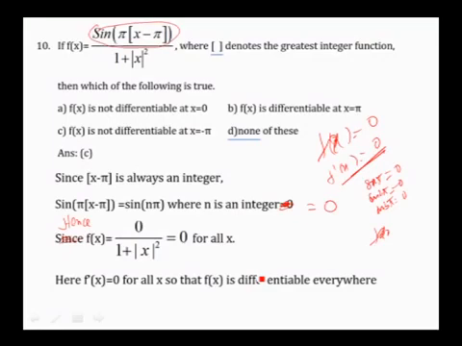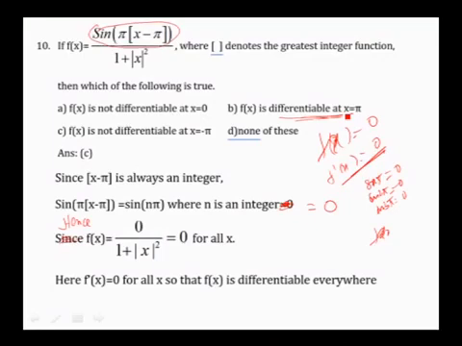Therefore the answer is, f(x) is differentiable at x equals 0. In the given options, if you write that f(x) is differentiable at x equals π, there is nothing wrong, because it is differentiable everywhere. The best option is differentiable at x equals π also. So even if it is given that it is differentiable everywhere, you can write that option.